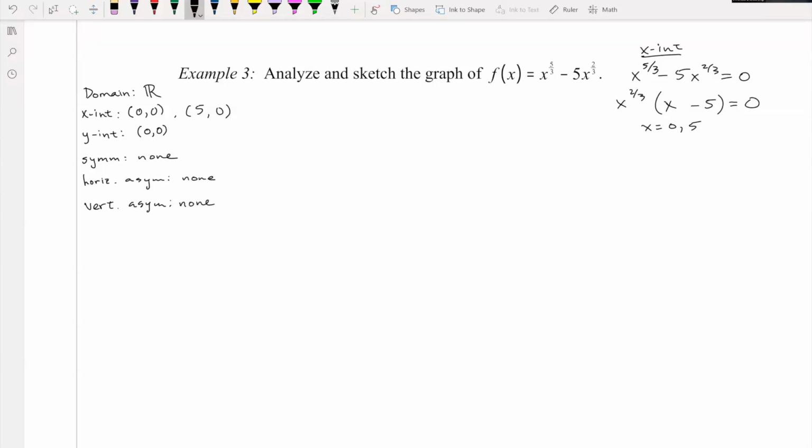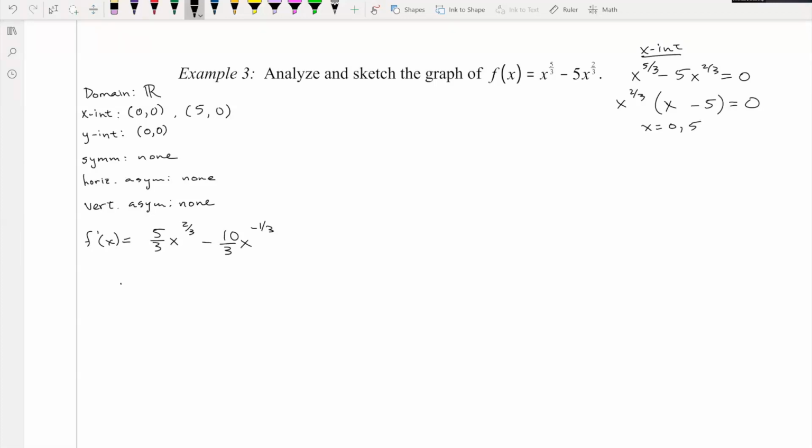Let's go ahead and find f prime and f double prime and find some critical numbers and possible points of inflection. So the derivative, I've got 5/3 to the subtracting 1 would give me x^(2/3) minus 10/3 x to the negative 1/3 power, which I think we probably need to rewrite in such a way that's going to allow us to determine where the derivative fails to exist and where it equals 0.